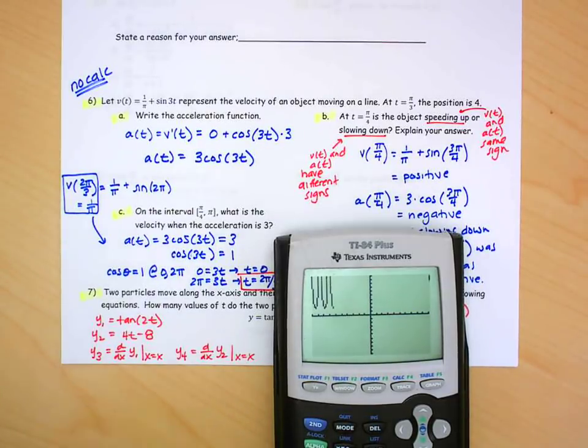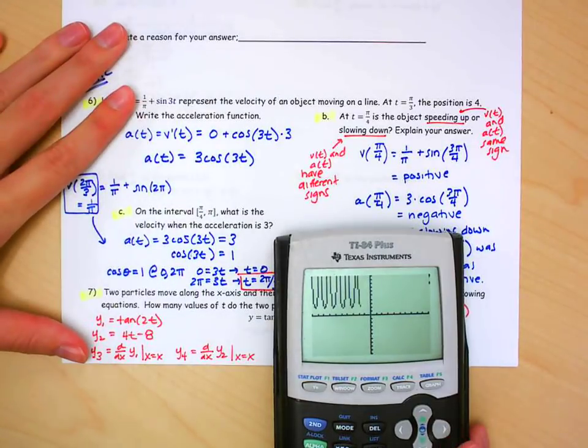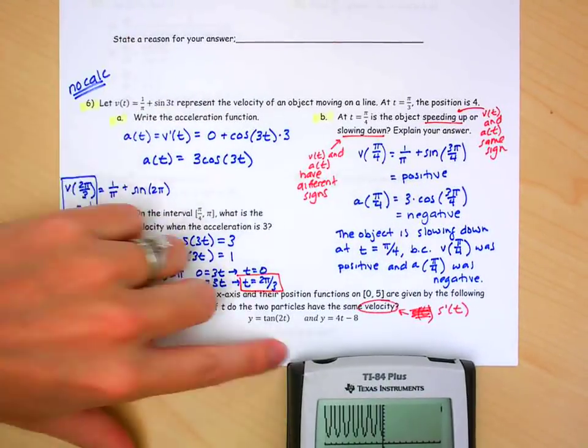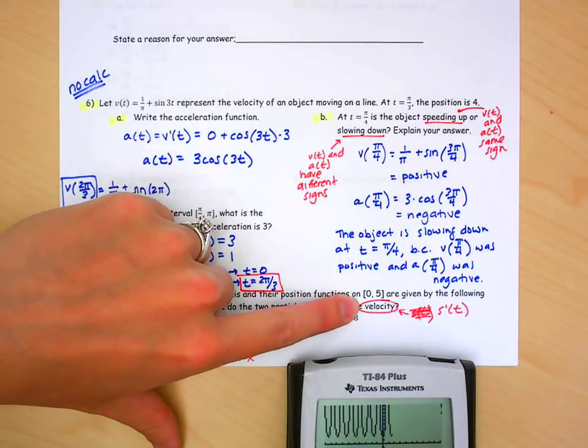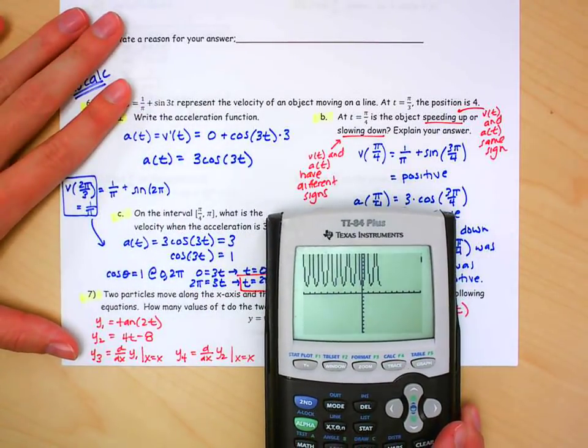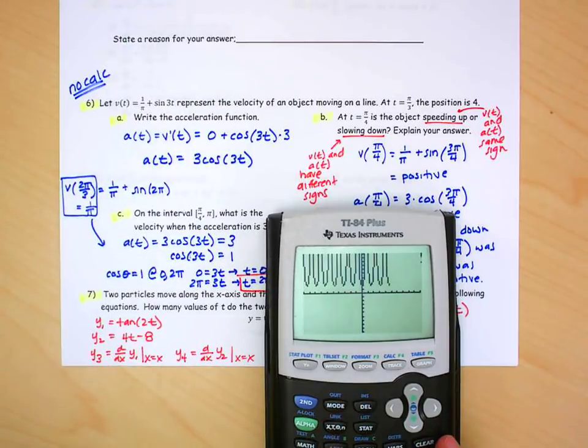Ooh, this looks pretty. Remember my interval, I should have fixed this before. My interval is only from 0 to 5. So remember right here, my interval is from 0 to 5. All right, we'll fix that in a second. This gives you a moment to take a break. The last one should graph quickly because it's just a line.